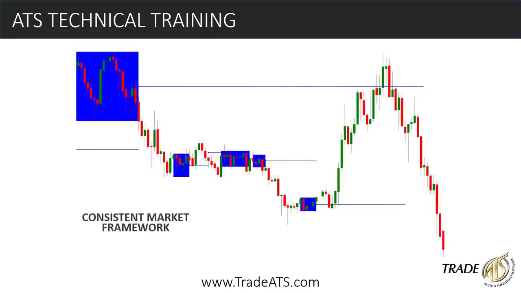Because they're that point of control, because they're the balance point of the market maker's book of business, and the market makers ultimately control the floodgates of liquidity with how they manage that book of business, these sensitive levels create that consistent market framework for our analysis and for us to form our understanding of where price is headed in the future.